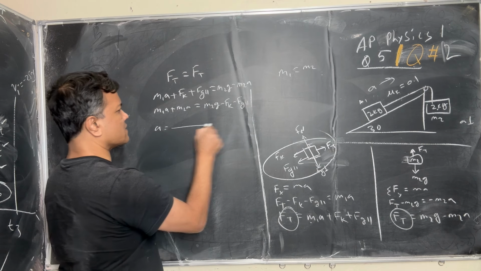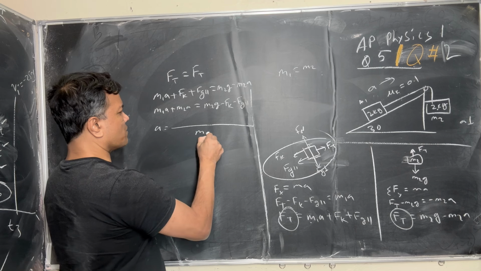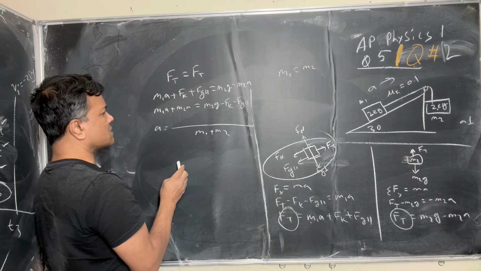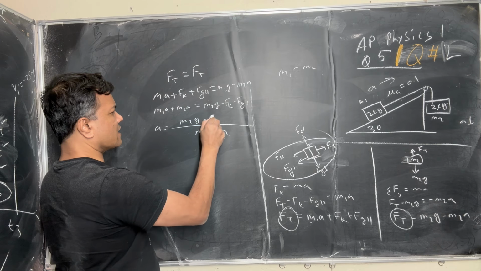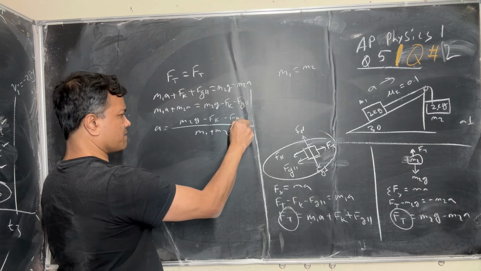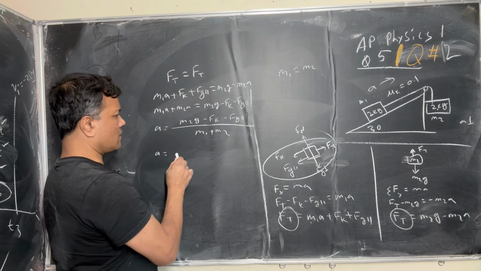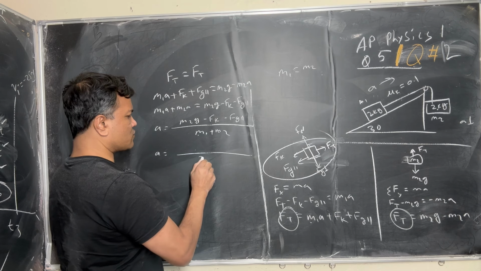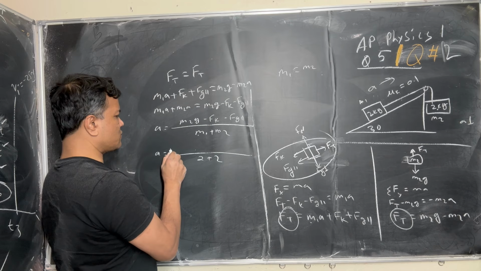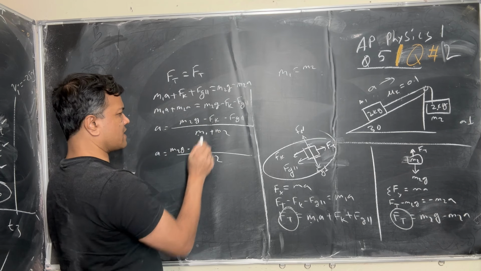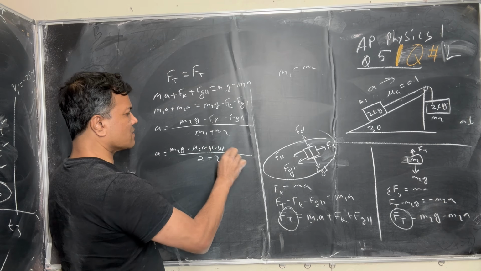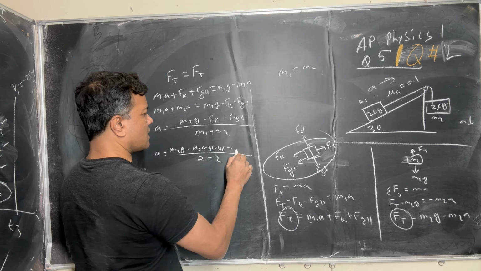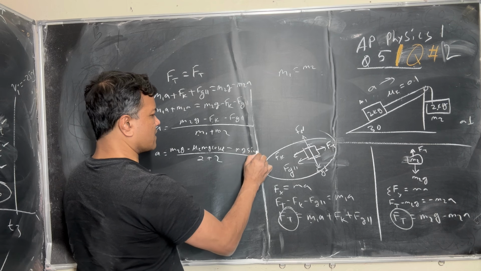So acceleration is m1 plus m2 on the bottom. On the top we have m2g minus fk minus fg parallel. Okay, m1 plus m2, 2 plus 2, m2g minus fk, mu k mg cosine theta minus mg sine theta.